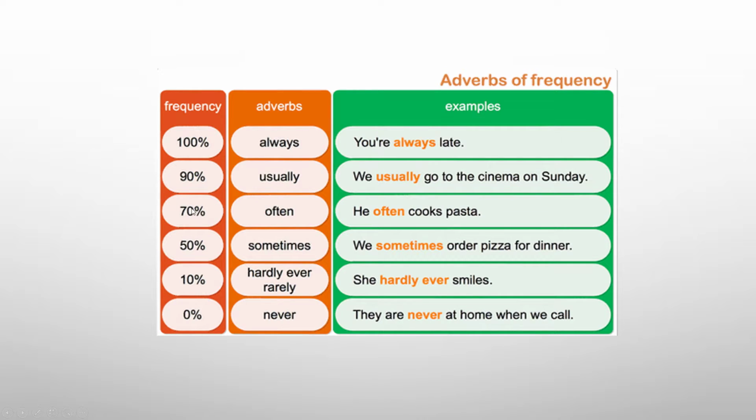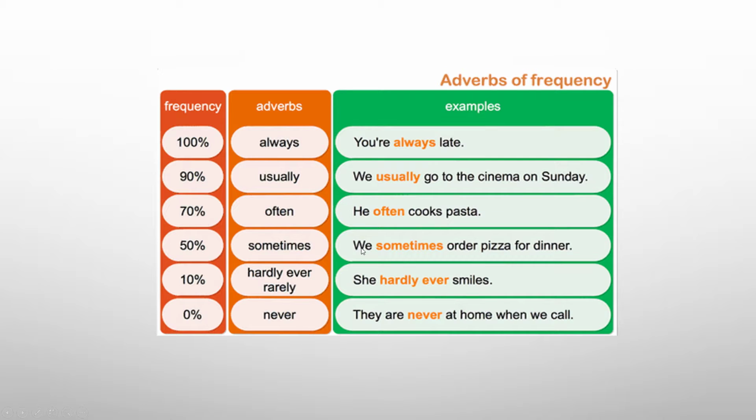When we do something with a 70% of frequency, we're going to use the word often, which in Spanish is a menudo. And the example says, "He often cooks pasta." When we do something with a 50% of frequency, we're going to use the adverb sometimes, which in Spanish is a veces.